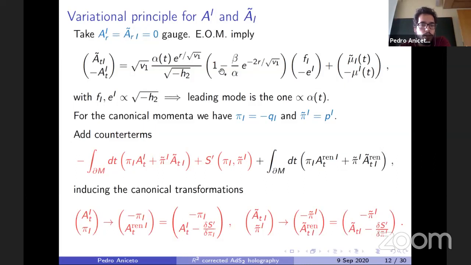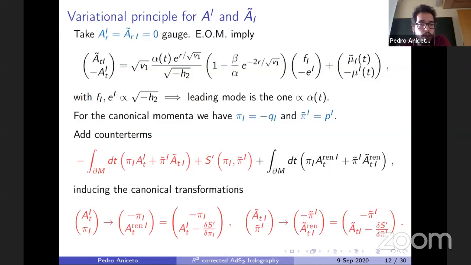If we were to proceed without renormalizing them, the symplectic map would not be able to diagonalize, because we would have mixtures of alpha and conserved charges appearing here. The conserved charges would also appear in the renormalized canonical momenta, and so the symplectic map would not be diagonalized.